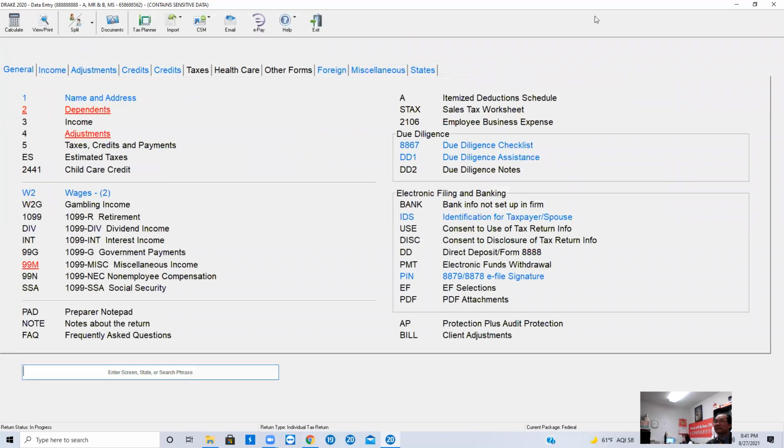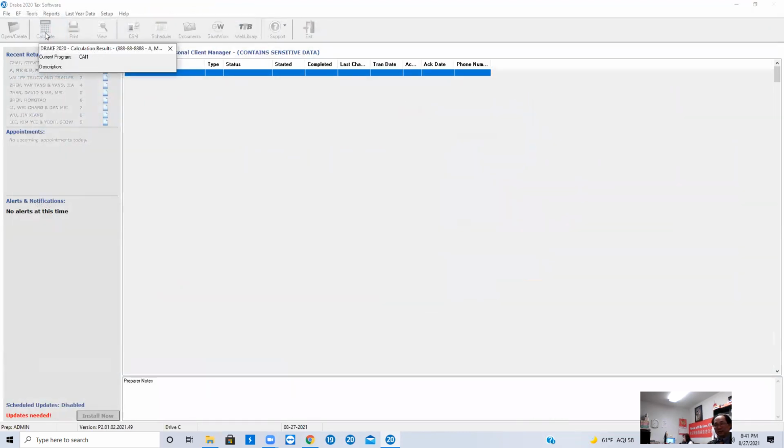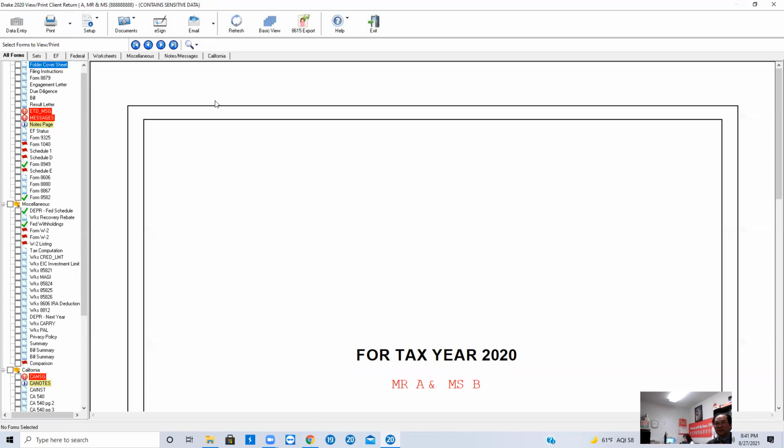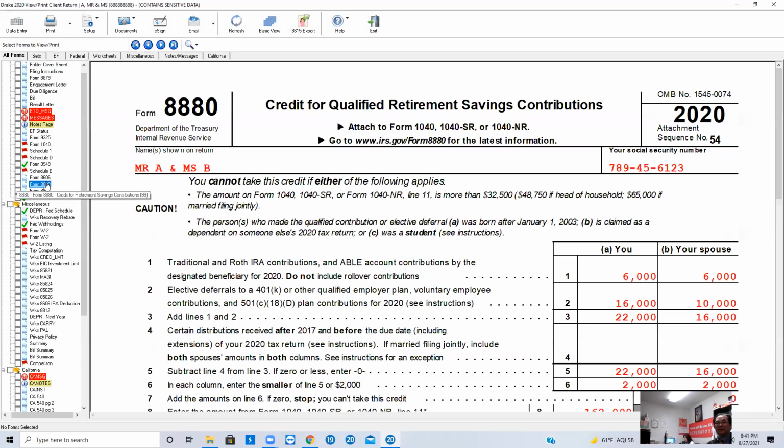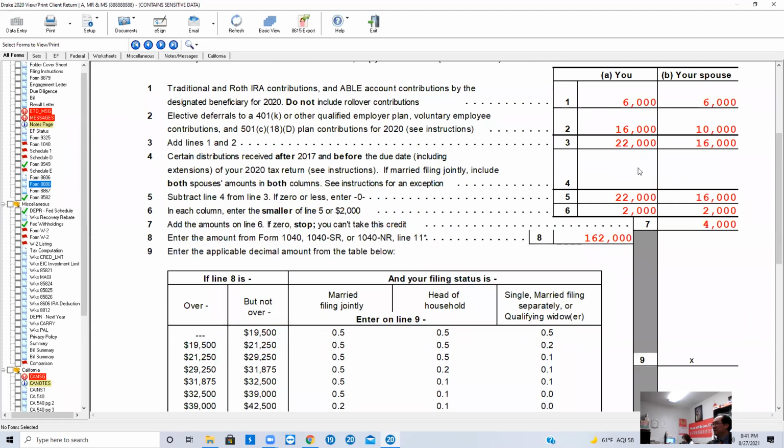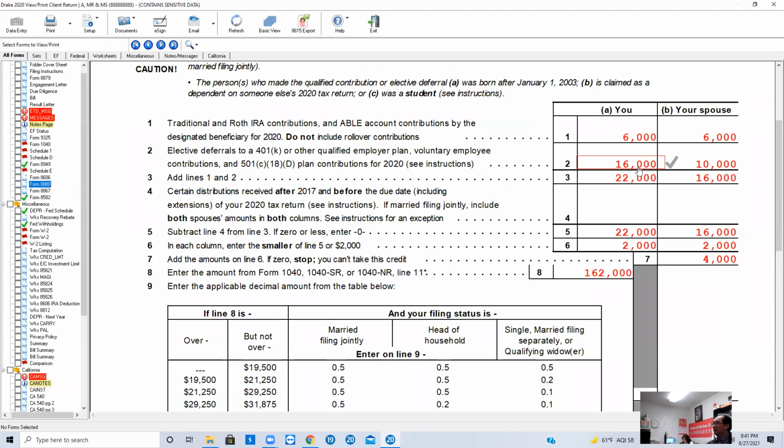In this situation, they may get some credit, and the tax law is very interesting. Let me see. So if they put in, because they have been put in this already, you see it? But that's their total.